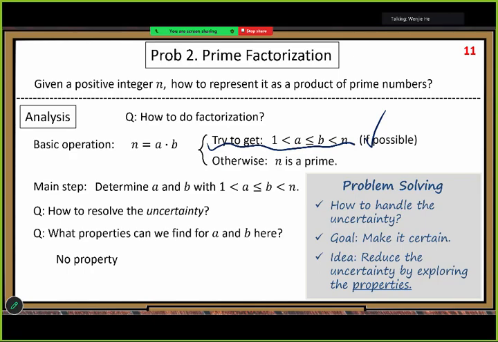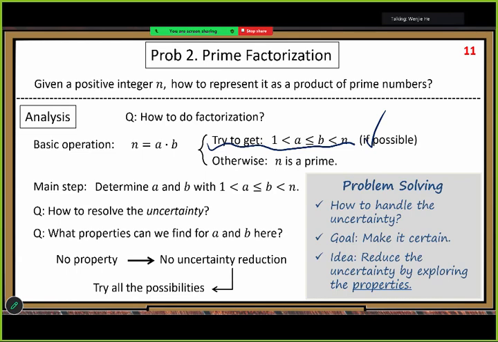No useful properties can be applied on your data, so there is no uncertainty reduction. As a consequence of this fact, you need to try all the possibilities. Because there is no uncertainty reduction, you need to exhaust all the possible cases.